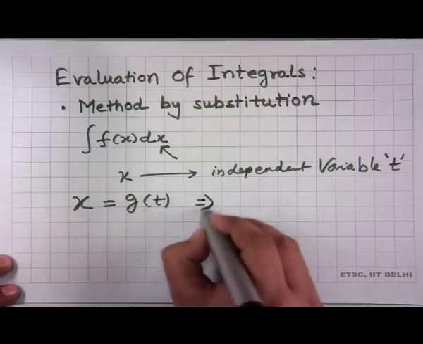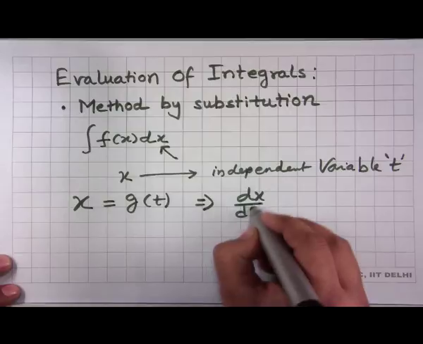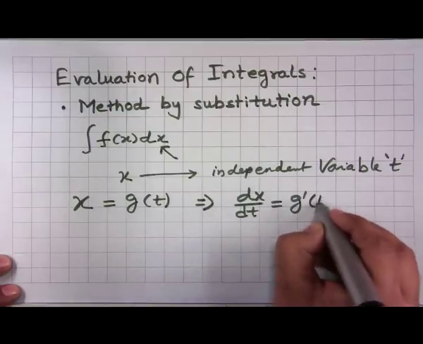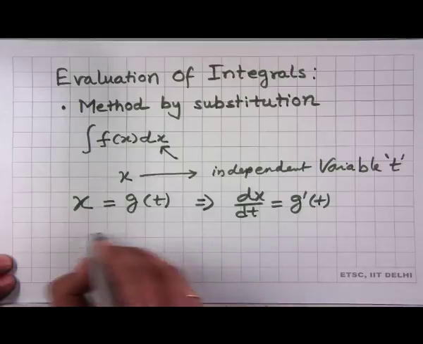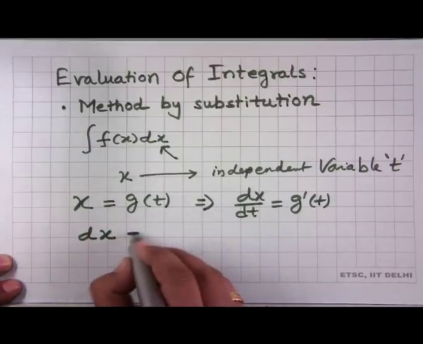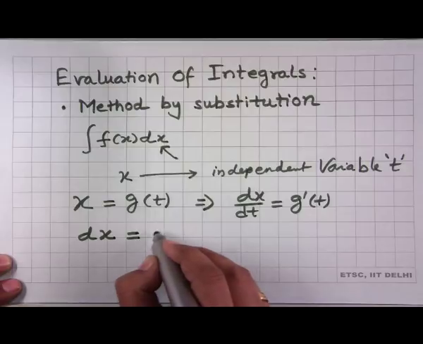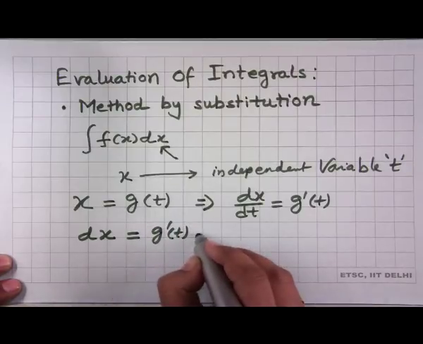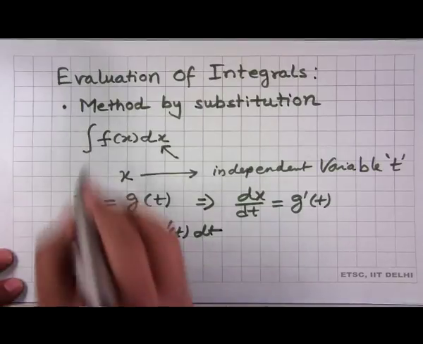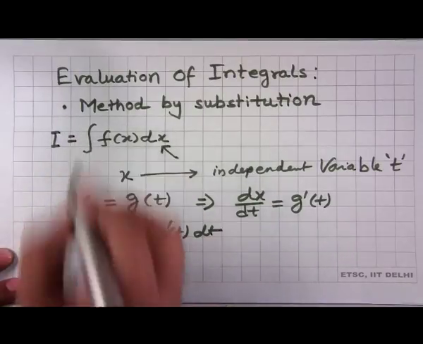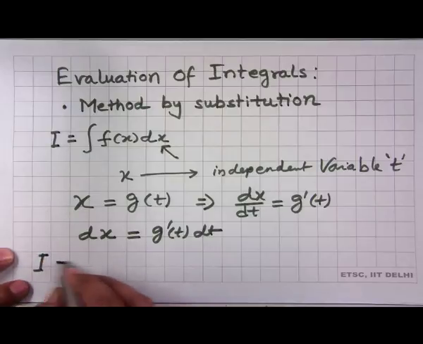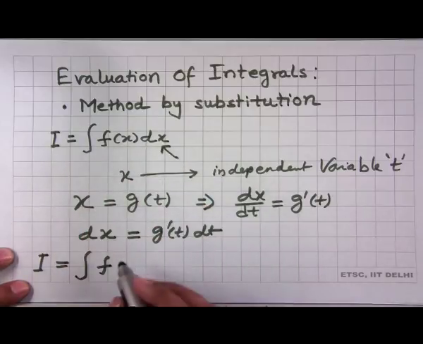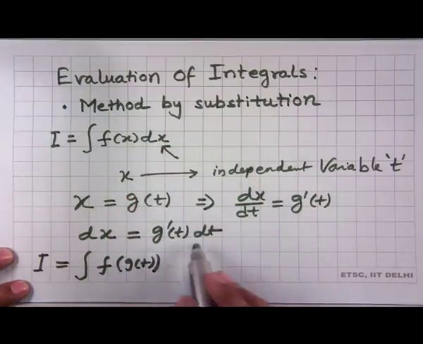Then this will give us dx by dt is equal to g prime t, and therefore, in terms of differentials we can write it as dx is equal to g prime t dt. So, the original integral, if I name it as I, turns out to be integral of f, replacing x by g t, times g prime t dt.